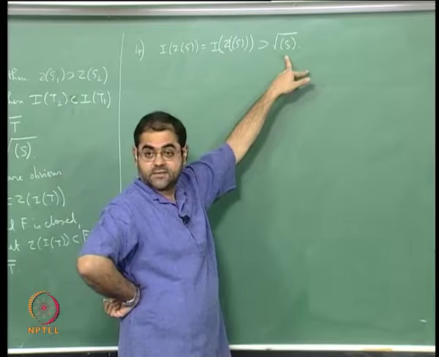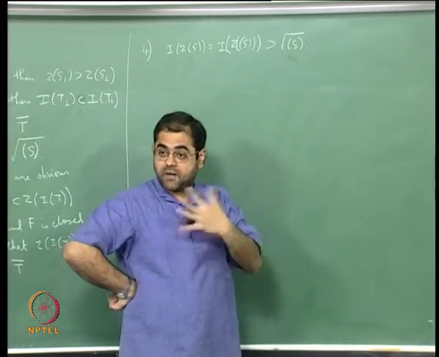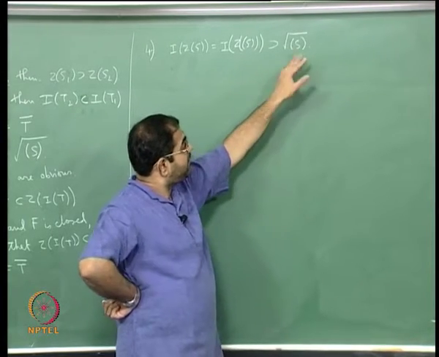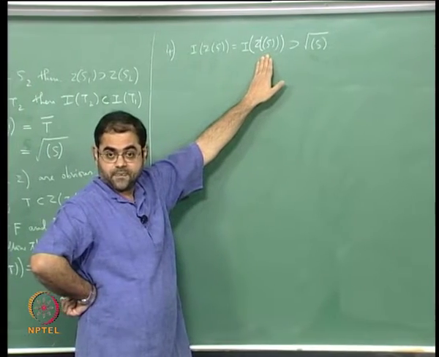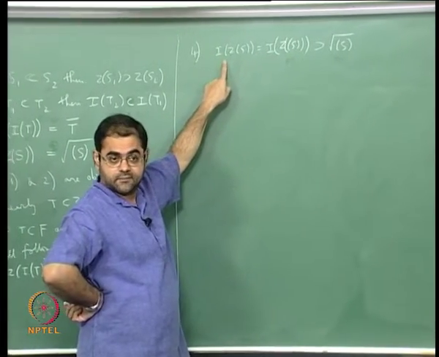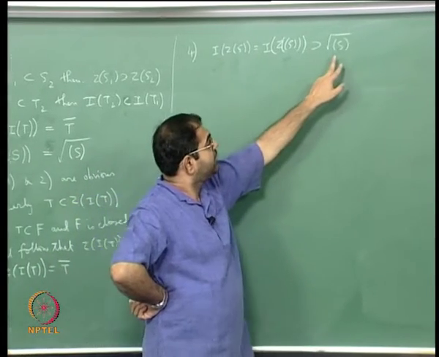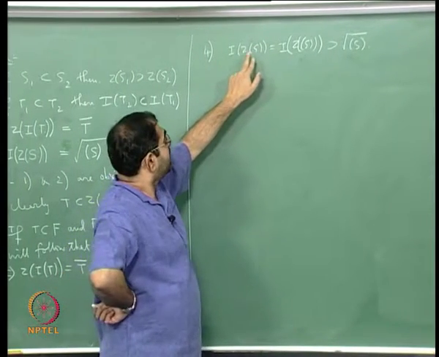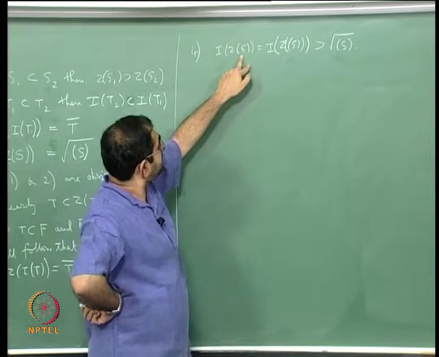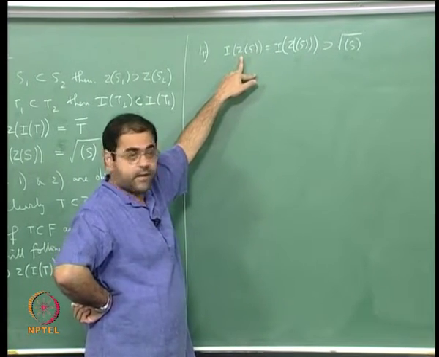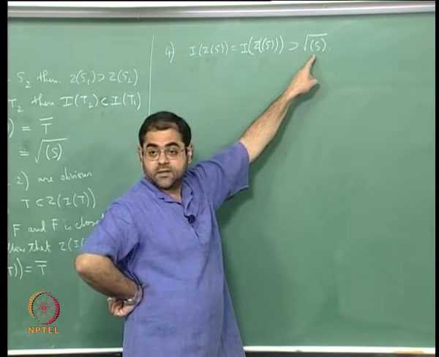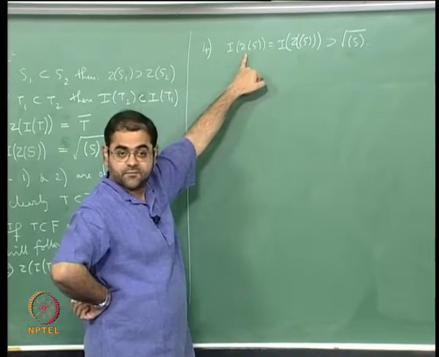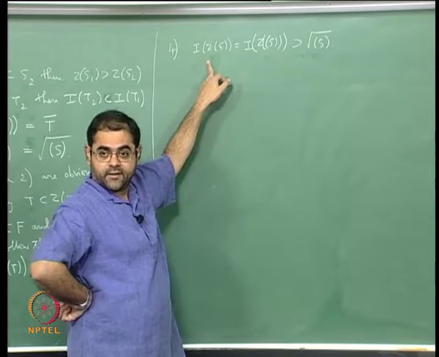Radical of the ideal generated by S. It means it is an element whose power is in the ideal generated by S, okay, and any element in the ideal generated by S will be in this ideal, okay, and therefore it will be essentially an element that will vanish at every point of Z of S, okay, and therefore the element you started with will also vanish at the points of Z of S. So this will be obvious, okay.